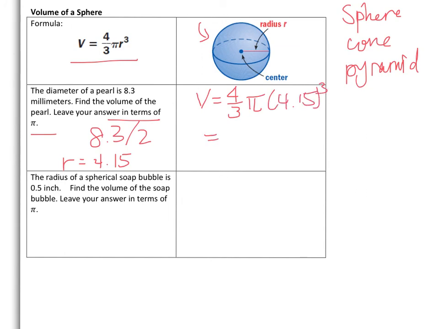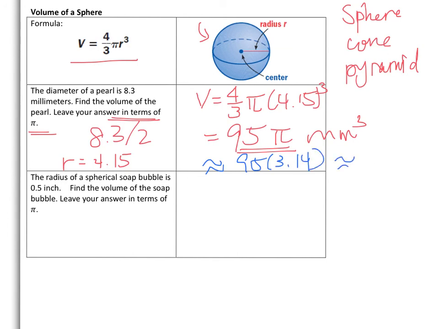And after you multiply everything together, you should get about 95 pi. And this is your answer in terms of pi. And then you would label this as millimeter cubed. And if I ask you to use 3.14, 95 times 3.14, you would get about 299 millimeter cubed.